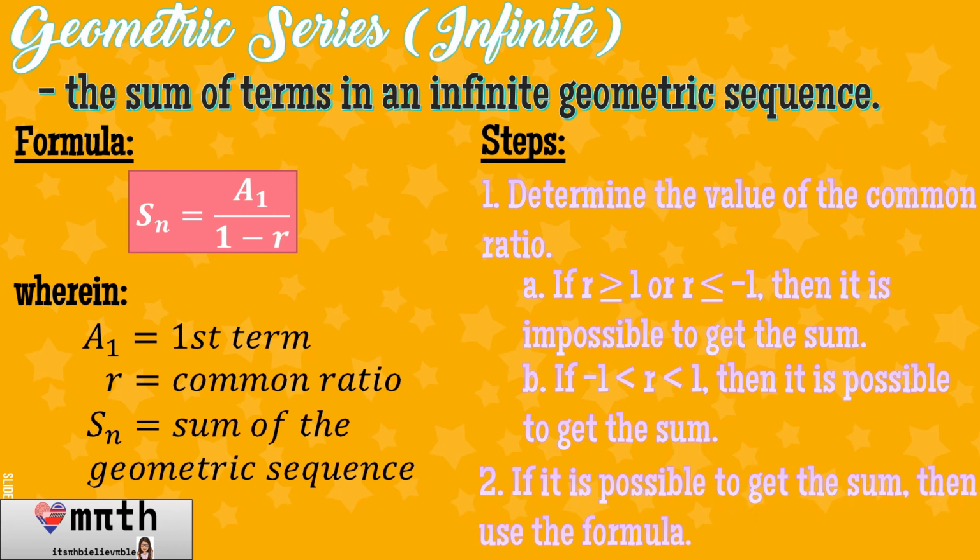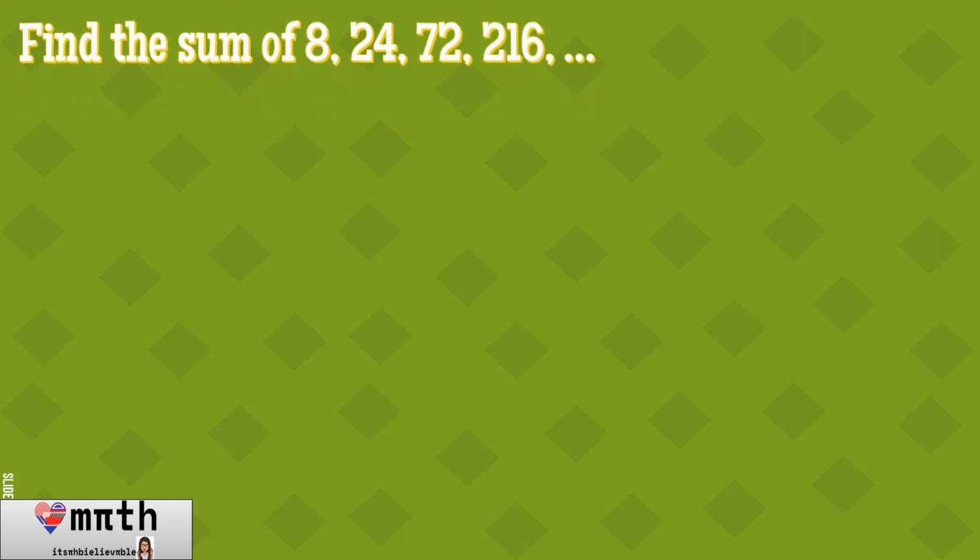For step number 2, if it is possible to get the sum, then we're going to use the formula. And now, let us have examples. For example number 1, find the sum of 8, 24, 72, 216. Again, let us find first the ratio.